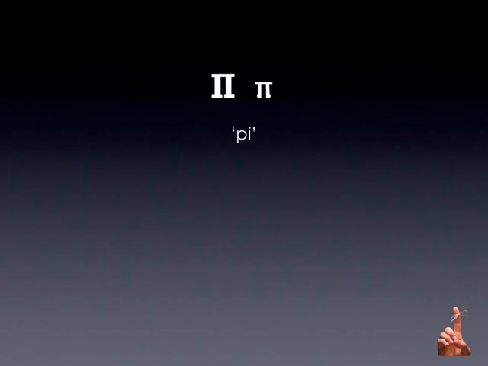In Greek, it's called pi, and it makes a P sound as in, well, pi. Here we have the fe, which is a F sound or a PH sound, however you want to look at it. And it's F as in feather, or PH as in phone. So, fe.